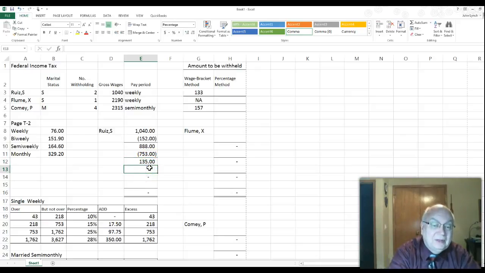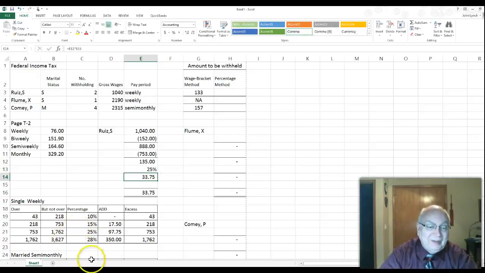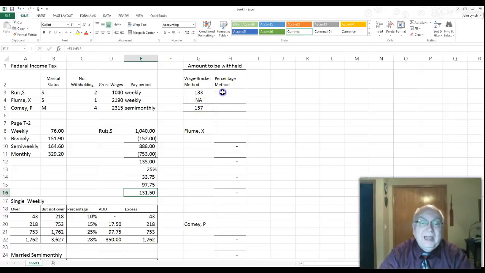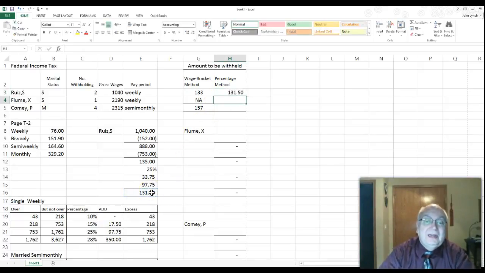That amount, the 135, is taxed at the 25% bracket. I was going to do the calculation, just the one with the 25% bracket. Okay, and then you add the rest of it. Then you add 97.75. So the tax for this under the percentage method is 131.50.